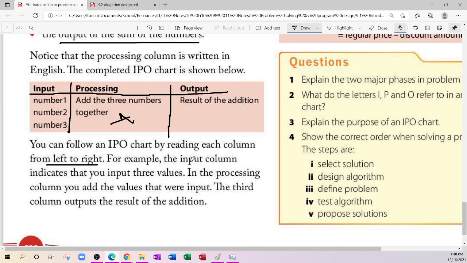For example, the input column indicates that you input three values, as you can see here, input number 1, input number 2, input number 3. And in the processing column, you add the values that were input. You add the three numbers together. The third column outputs the result of the addition. So in the third column, we have the result of the addition there.